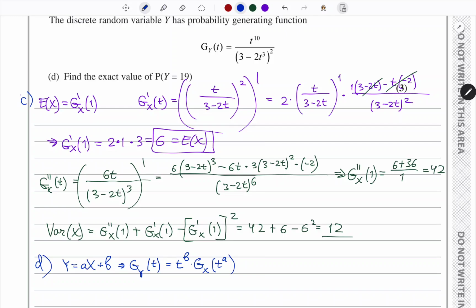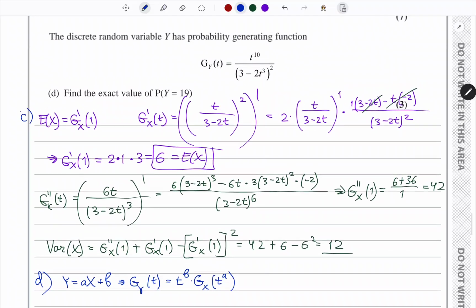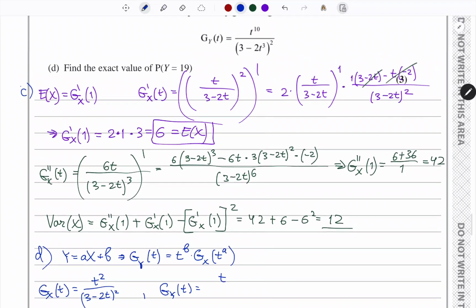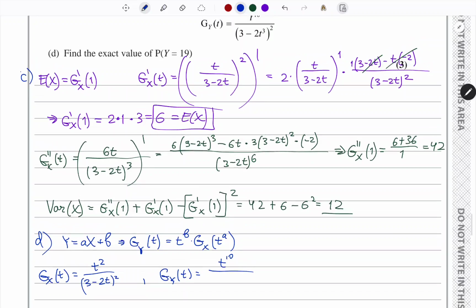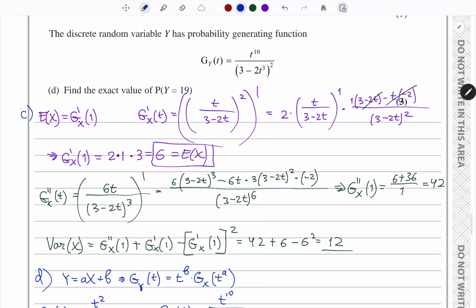It's easy to prove, though I don't think you have to prove it on your exam. If you compare, g of x was t squared divided by (3 minus 2t) squared, and g of y is t to the power of 10 divided by (3 minus 2t cubed) to the power of 2.